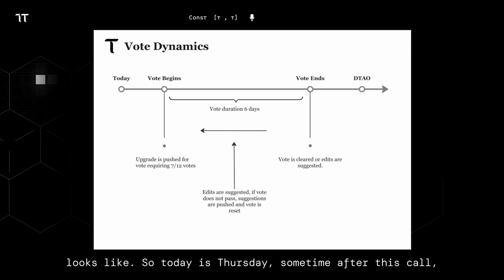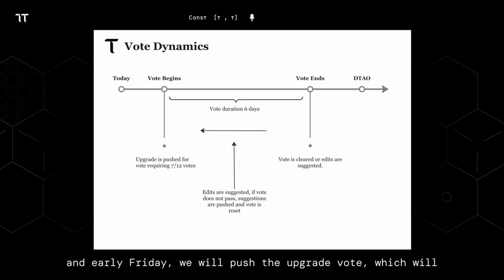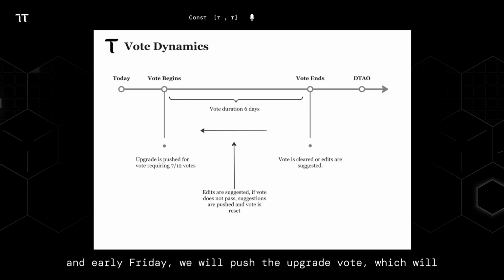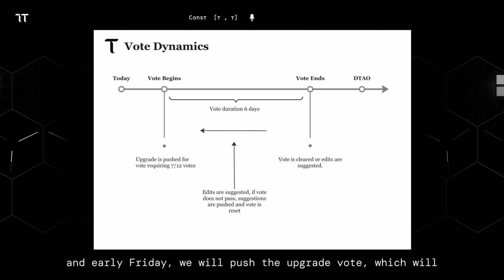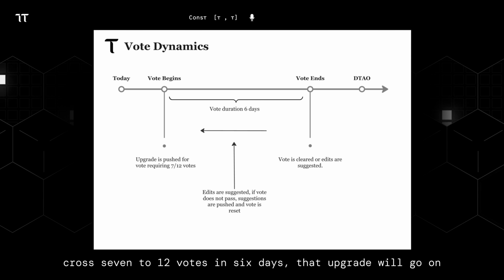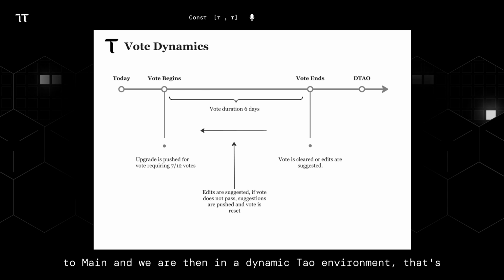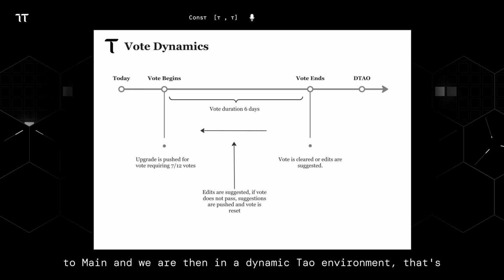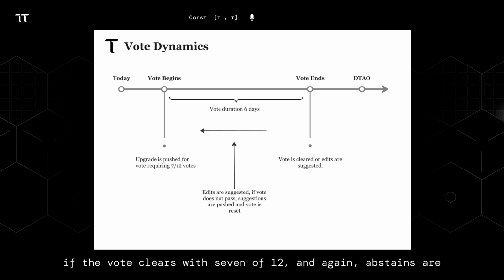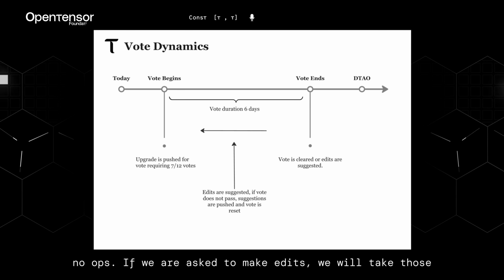So today is Thursday. Sometime after this call and early Friday, we will push the upgrade vote, which will require 7 of 12 votes. In 6 days, that upgrade will go on to main, and we are then in a dynamic TAO environment. That's if the vote clears with 7 of 12. And again, abstains are no ops.